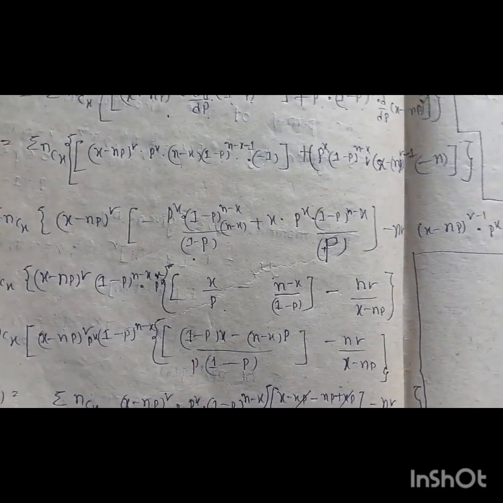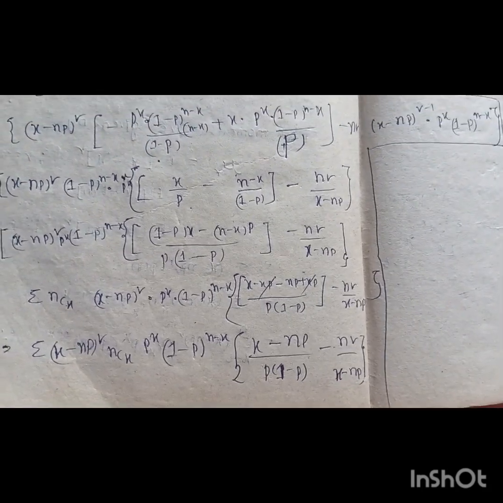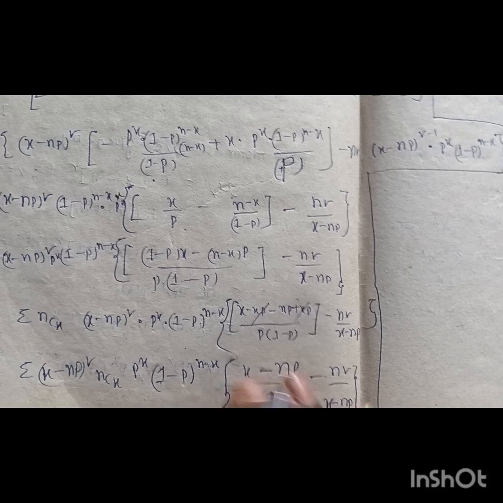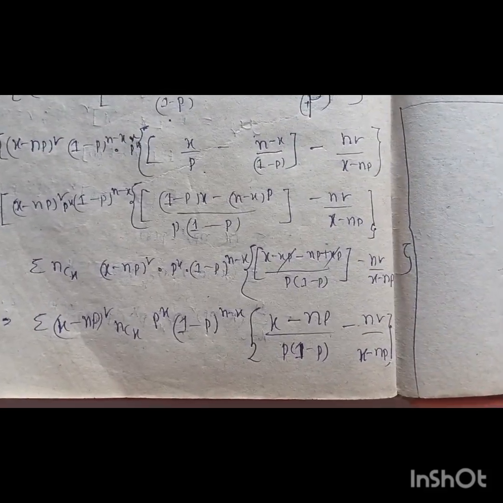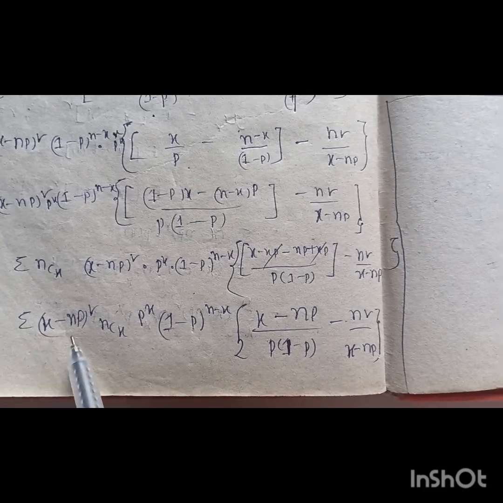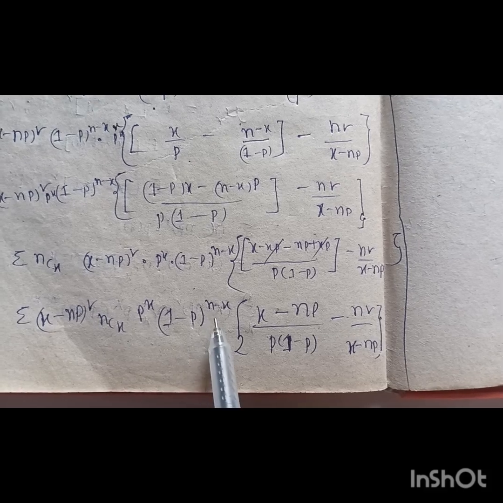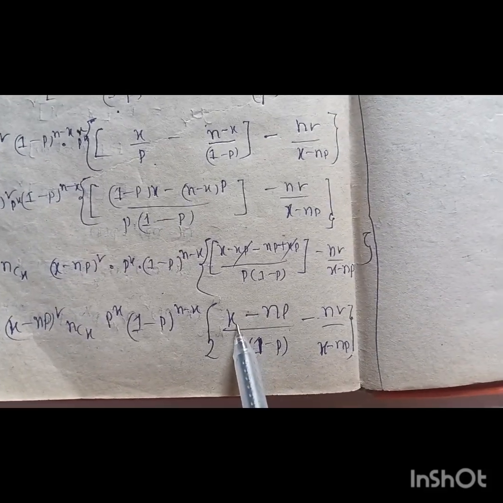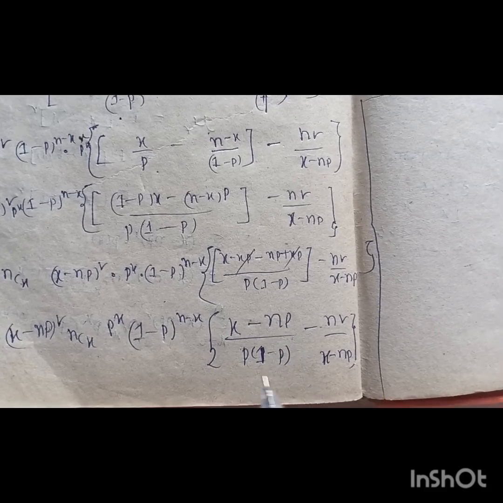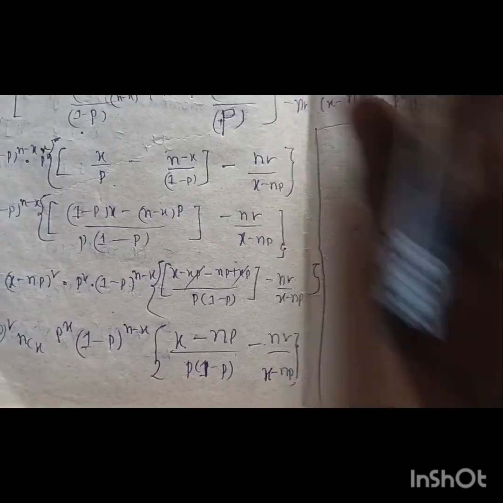If you do the common factor and simplification overall here, you will get some cancellations and you will get the value like this: summation of x minus np whole to the power of r nCx p to the power of x 1 minus p whole to the power of n minus x, times the common value x minus np divided by p into 1 minus p, minus nr divided by x minus np.